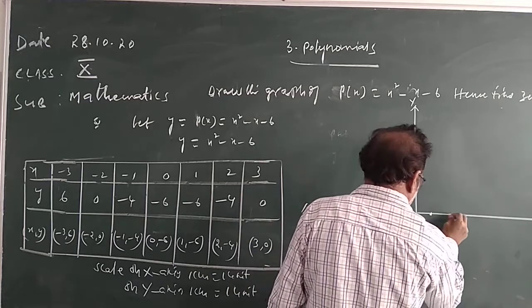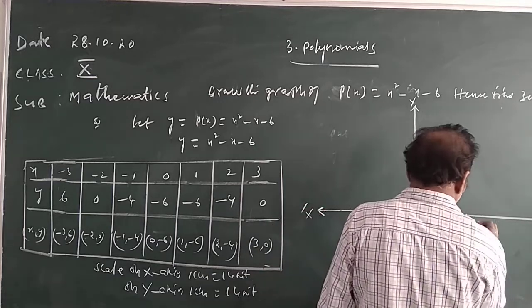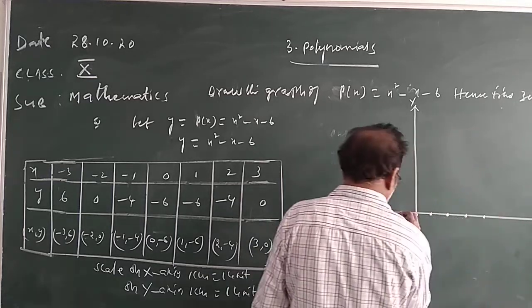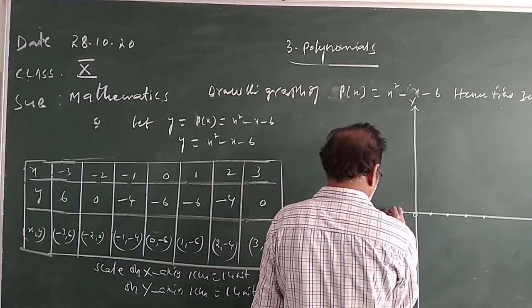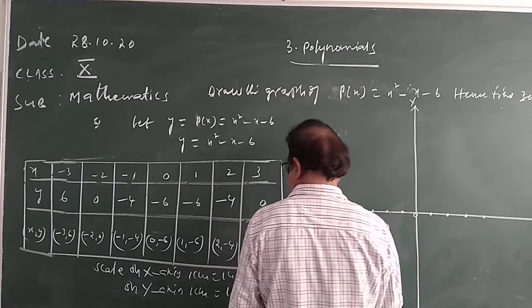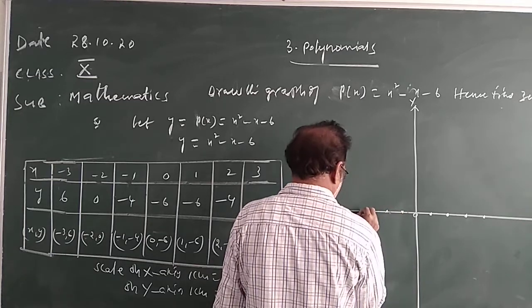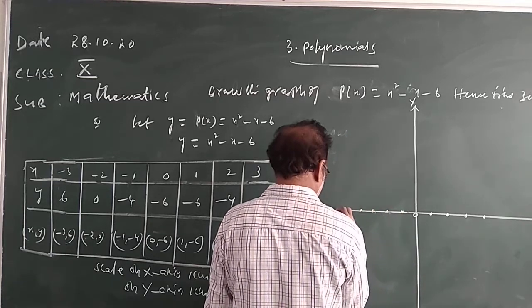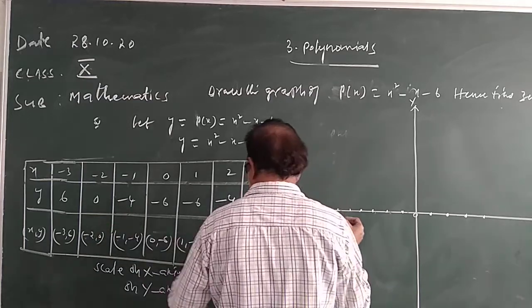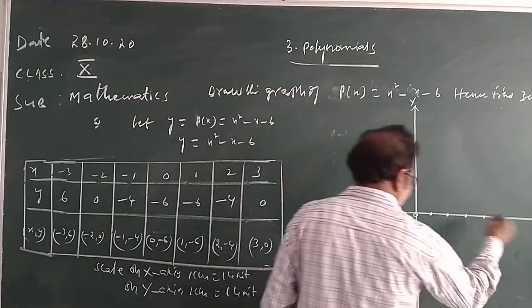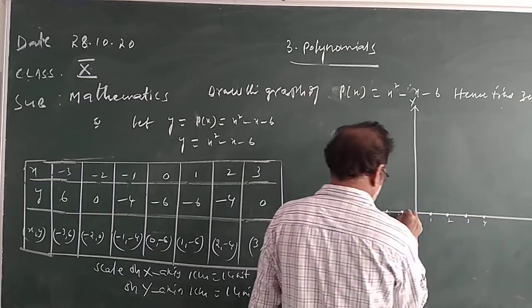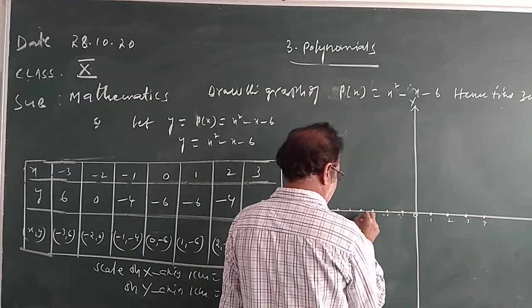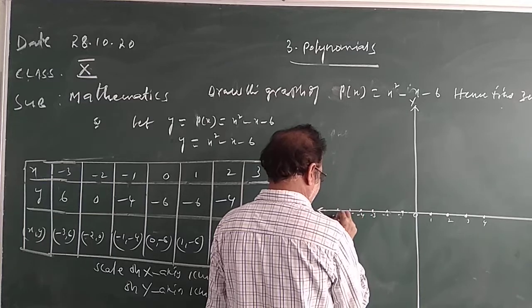Make divisions 1, 2, 3, 4 like that, and negative values 1, 2, 3, 4, 5, 6. So 6 are equal: 1, 2, 3, 4, minus 1, minus 2, minus 3, minus 4, minus 5, minus 6.